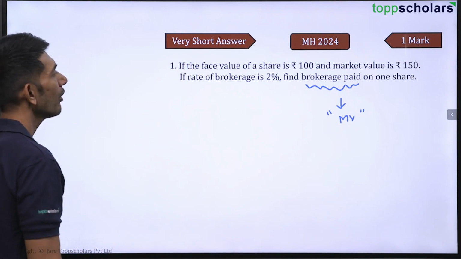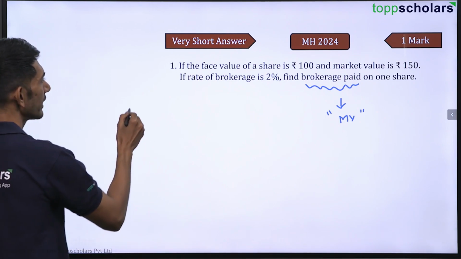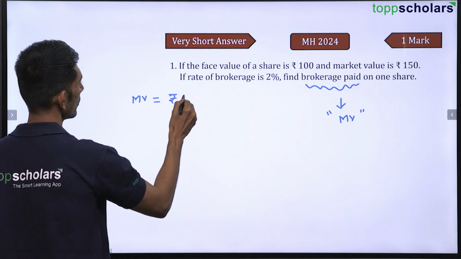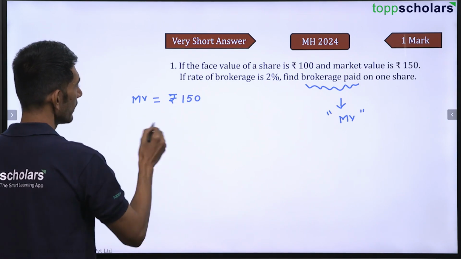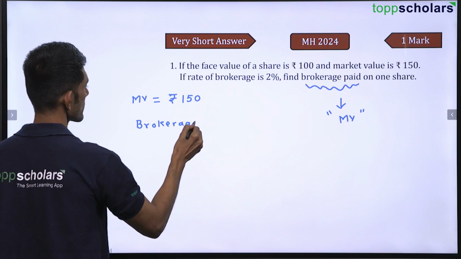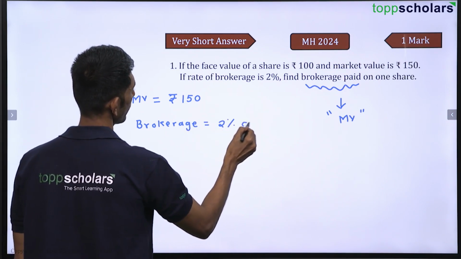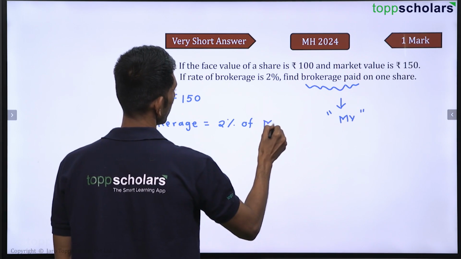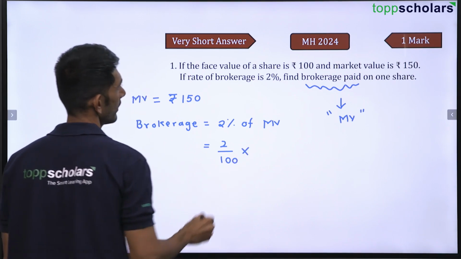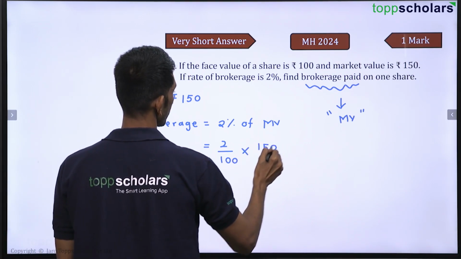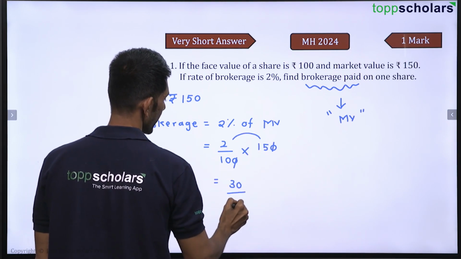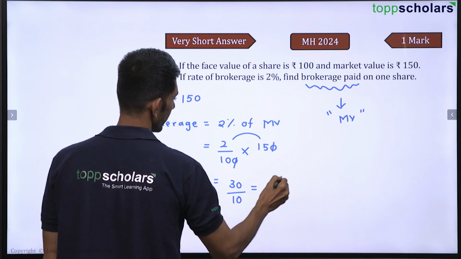So if the face value of a share is 100 rupees, how much is the market value? The market value is rupees 150. So brokerage is 2% of market value, that is 2 by 100 into 150, 0 gets cancelled, 15 into 2 is 30, then you get 30 divided by 10, which is 3.